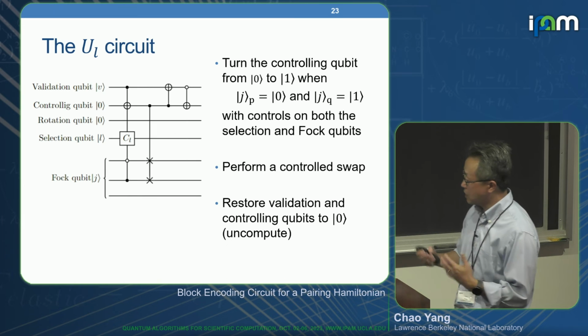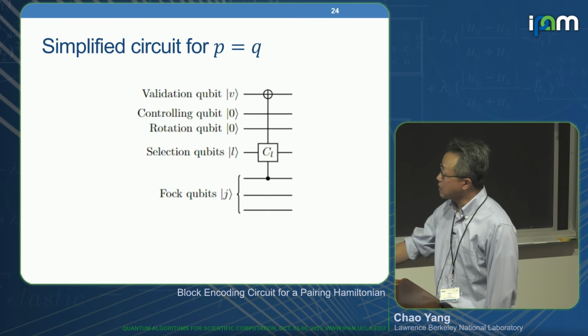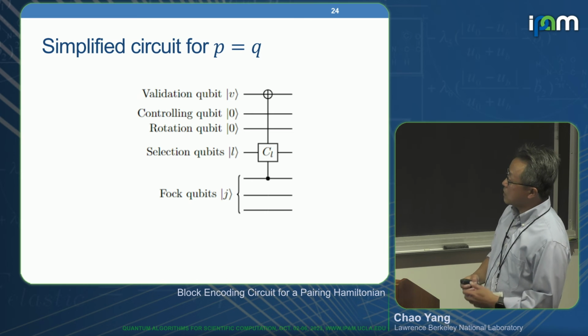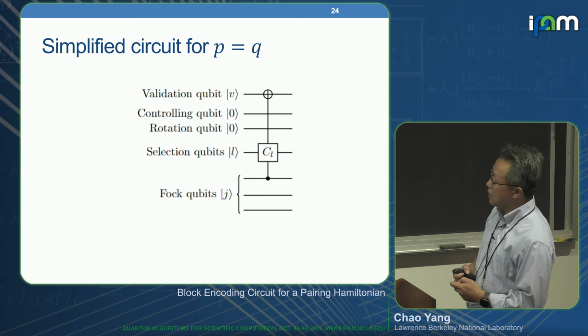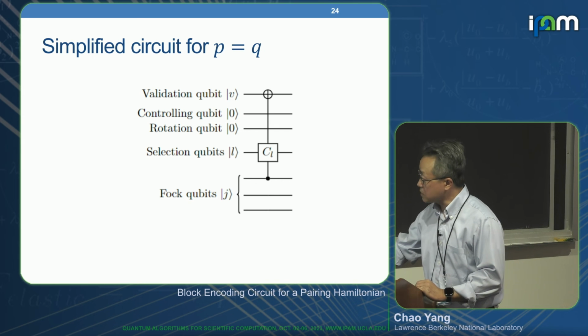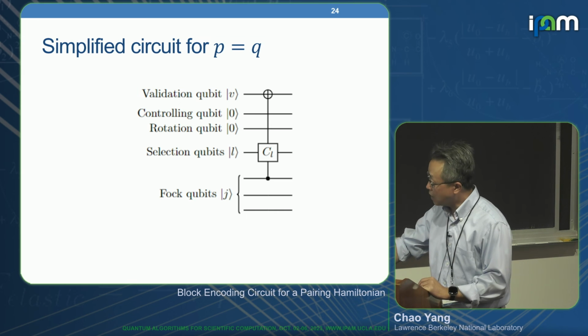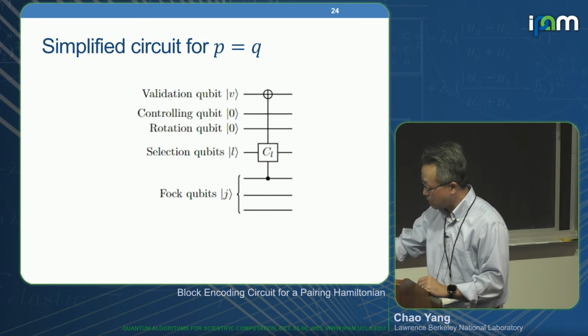So this is what the circuit for UL looks like, okay? And in the case when P equals Q, there's no swap anymore, because the destination and the source are the same. So the circuit just simplifies to some control knot.